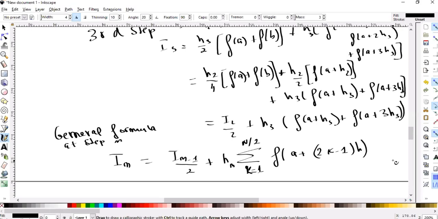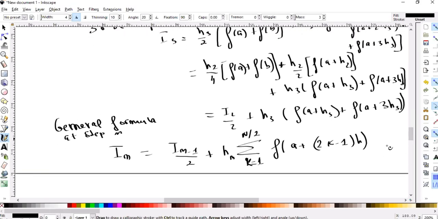It's the same formula. So you wonder how the same formula will give a different result.